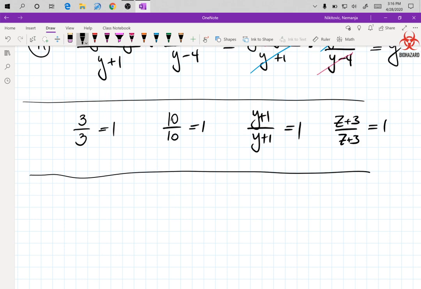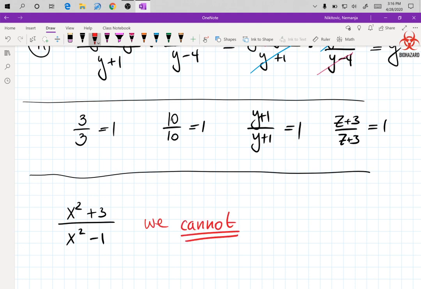One of the things that students get confused with, and you have to be very careful with this, is when you have, let's say, x squared plus 3 divided by x squared minus 1. We cannot cancel anything in this problem.